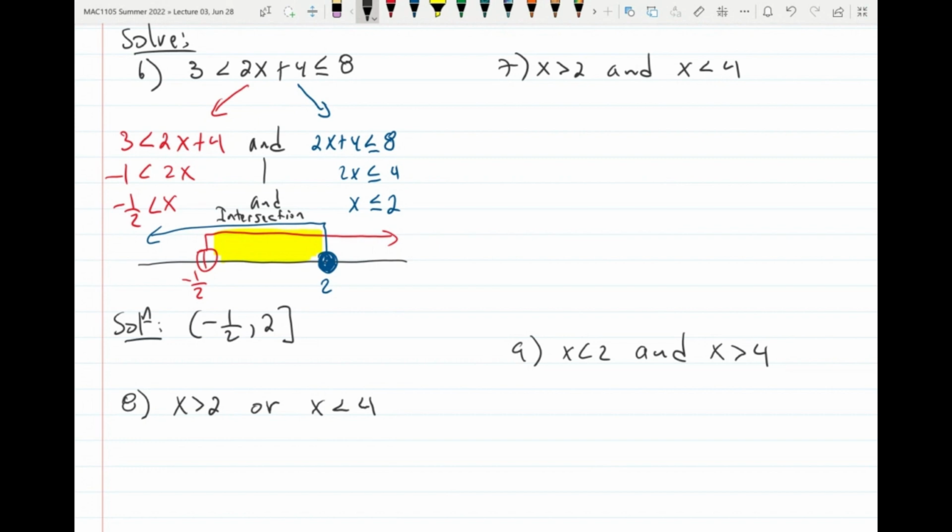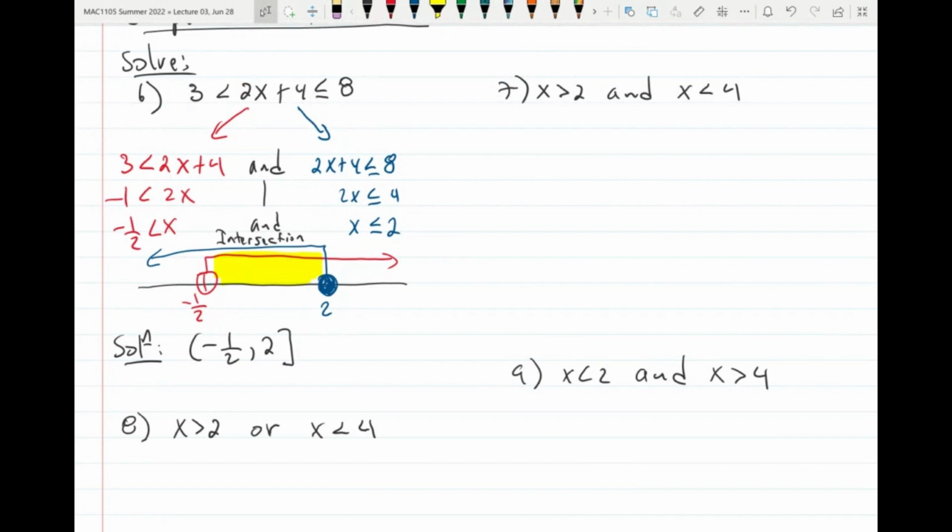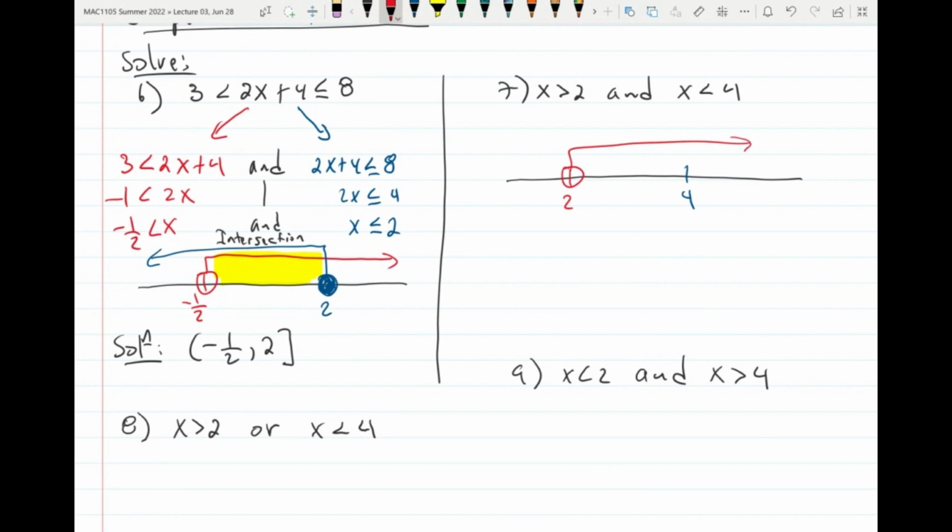Okay, questions? All right, so let's write down. So what happens in number 7? Here there's really nothing much to do. So here we have 2, and here we have 4. There's an open circle to the right. That's an open circle to the left.